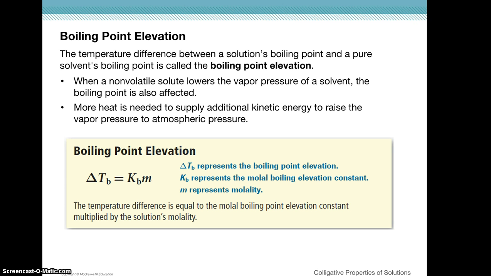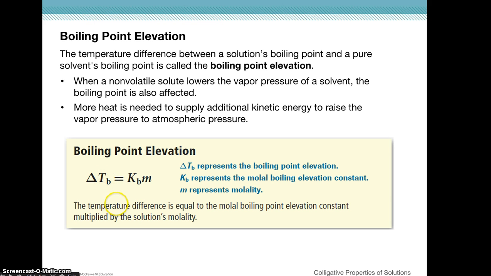Okay, let's talk about boiling point. Boiling point elevation is the difference between a solution's boiling point and a pure solvent's boiling point. So the formula that we're going to use is delta T_B. Delta means change in, like any other delta T, but we're specifically looking at the change in the boiling temperature.